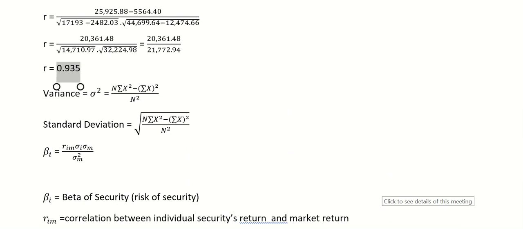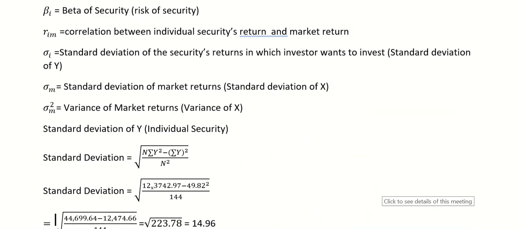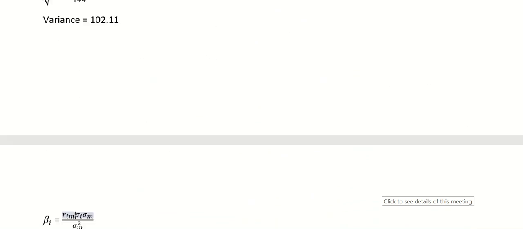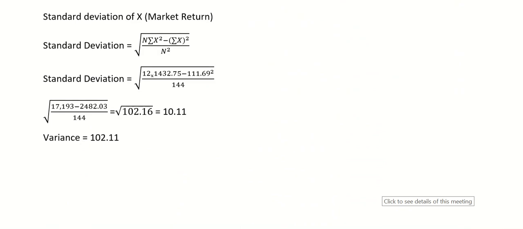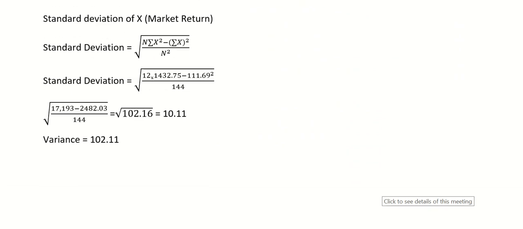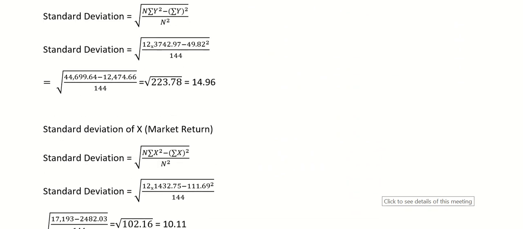So I will put this value 0.935 into the standard deviation of the individual security's return, so standard deviation of y.